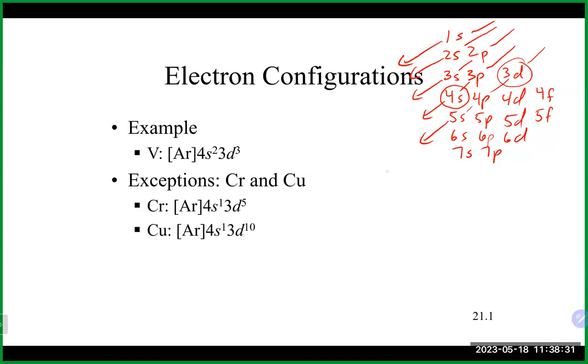We could write something like, for example, iron, which is 26. It'd be 1s2, 2s2, 2p6, 3s2, 3p6. Again, the 4s would come next, which would be 4s2, and 3d6. We also could use shorthand, as you are aware of.